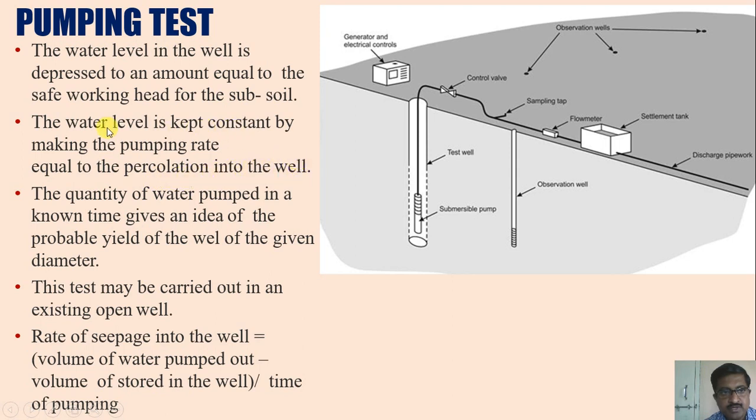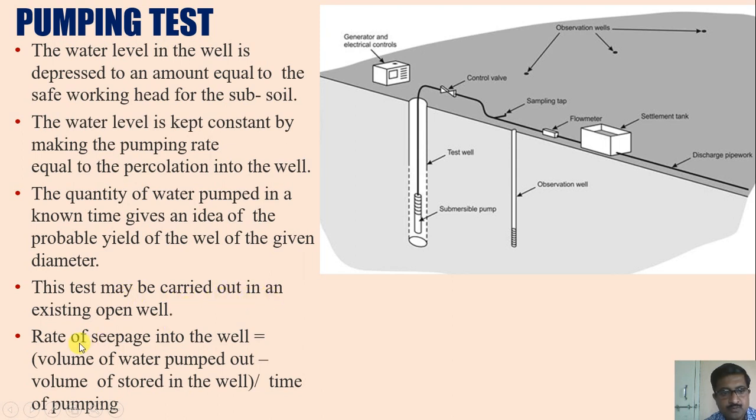So this is very important, that the rate at which water is extracted by pumping should be equal to the water that comes into that particular well. The quantity of water pumped in a known time gives an idea of the probable yield of the well of the given diameter. This test may be carried out in an existing open well.